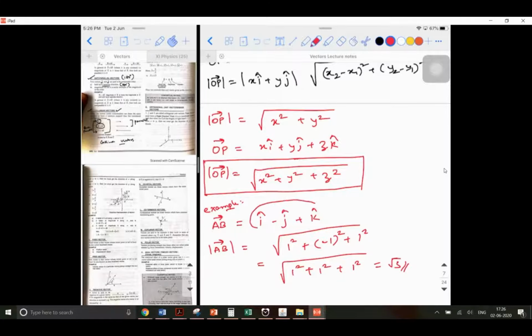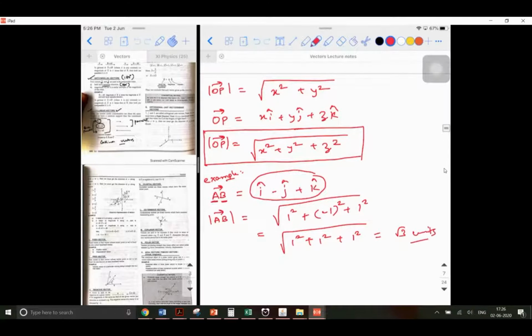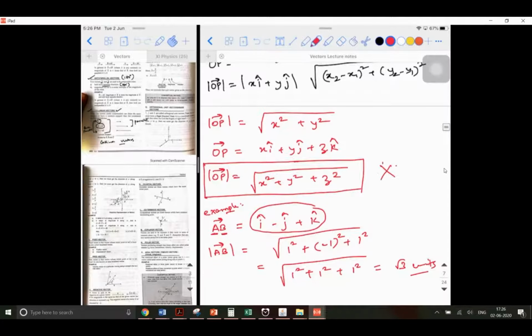Which means the length of this particular vector, if you try to measure the distance between point A and B, that value is going to be root 3 units. That is the meaning of magnitude of the vector. And this formula is very important, remember. It is a very, very important formula.